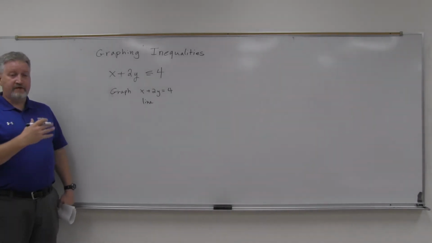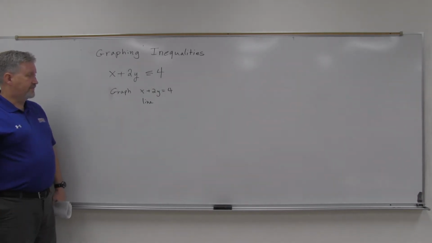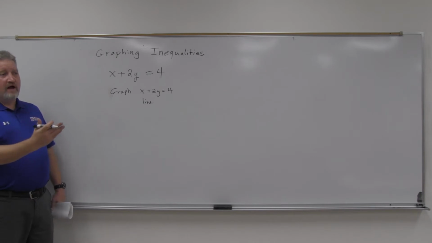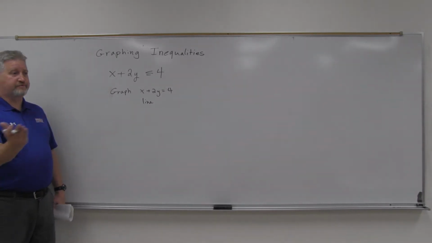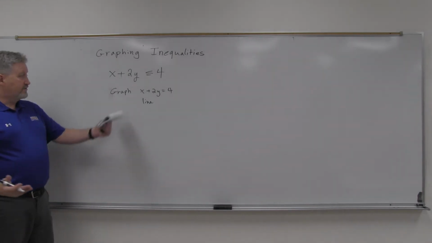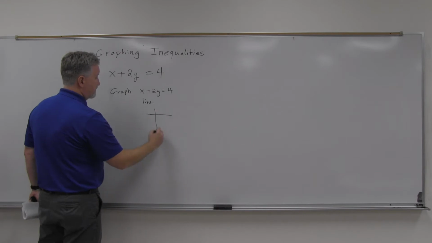But in this particular case, it's a line, and however you want to graph that line, you can put it in y equals mx plus b form. Usually when they're like these, I get a couple of points in a table or something like that.